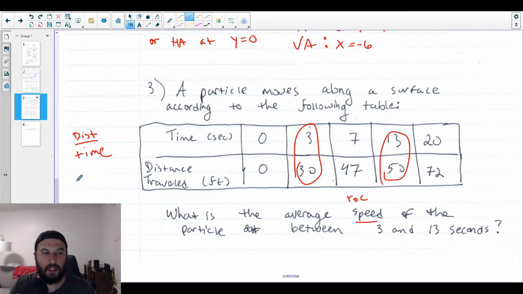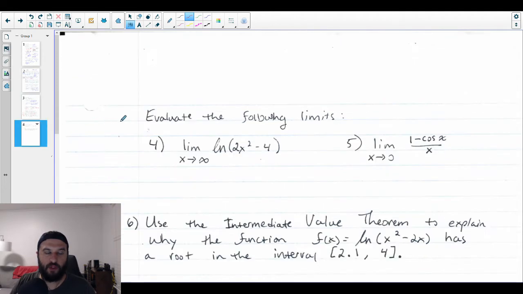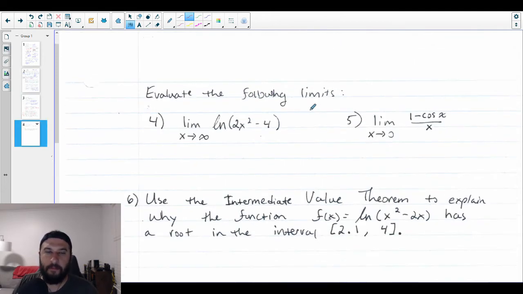Plug it in. 50 minus 30 over 13 minus 3. You get 20 over 10 or 2. Units matter though. We're going feet per second, so we're going to say 2 feet per second. It's a pretty soft calculator section, if you ask me.